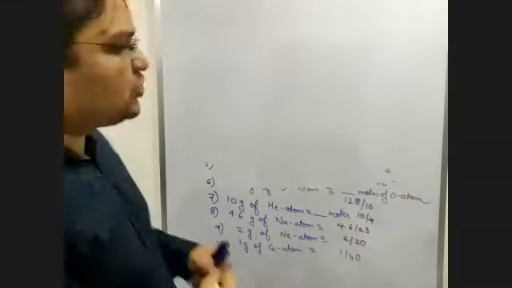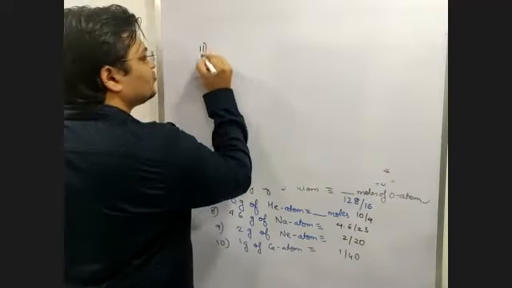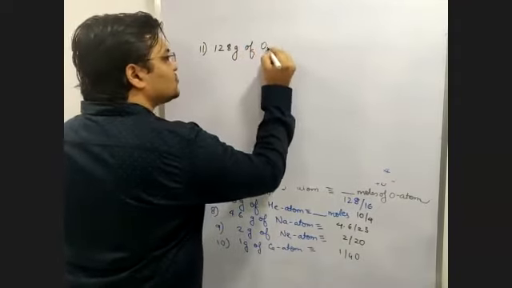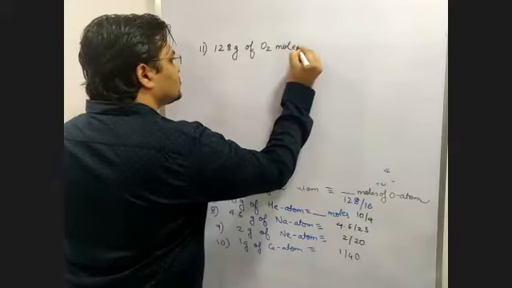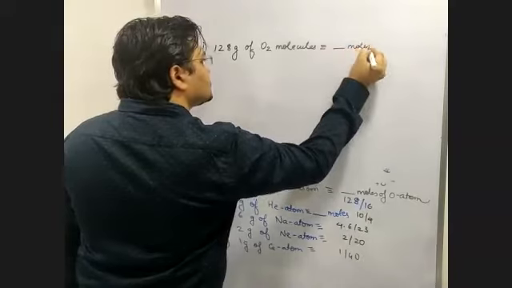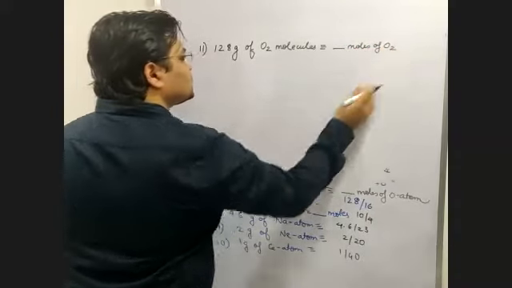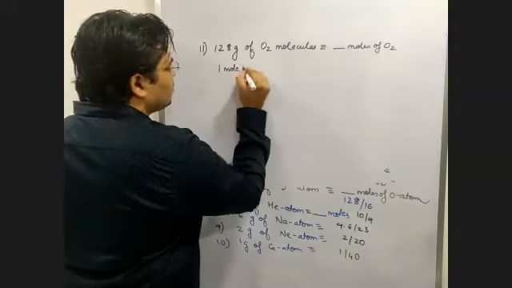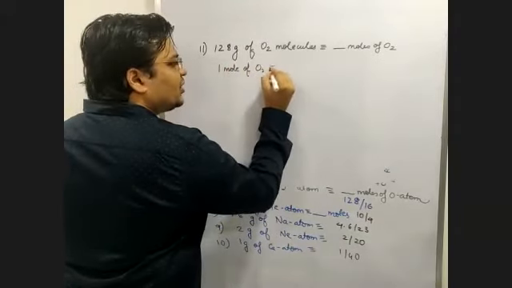Now I'm taking molecules over here. Pay attention. Can I say 1 mole of O2 is 32 grams?